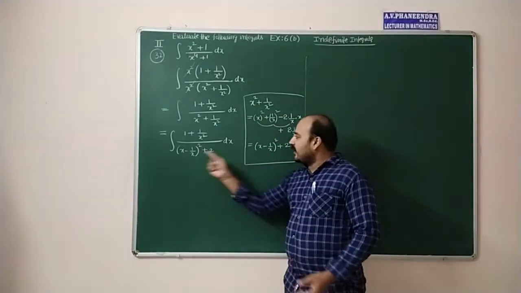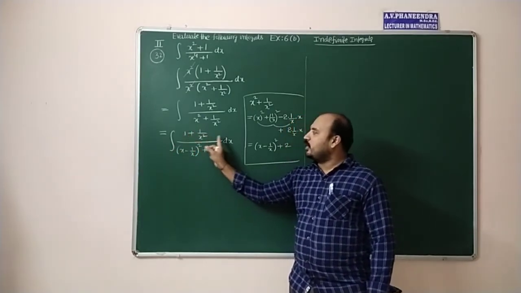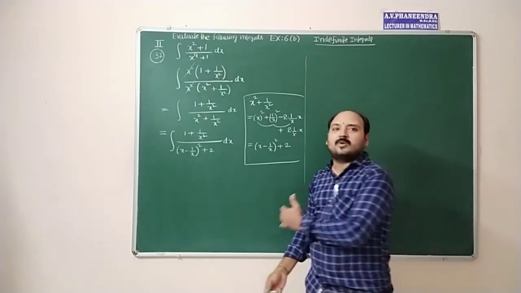If we take x − 1/x as t, the numerator (1 + 1/x²) dx will become dt. That I will tell here.